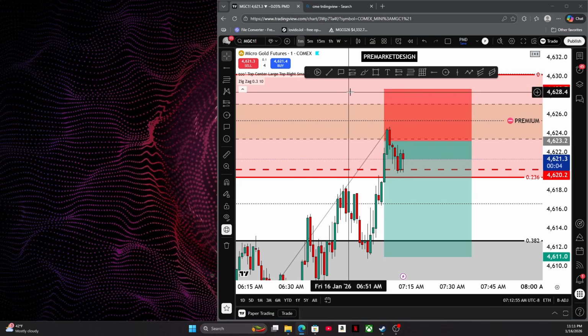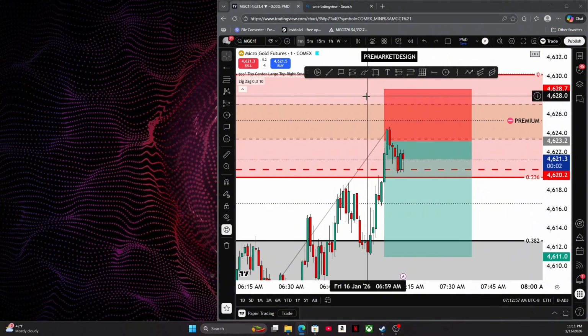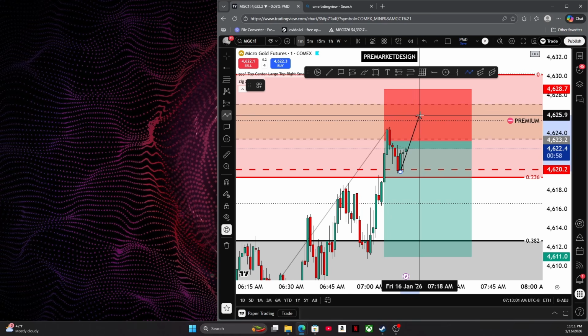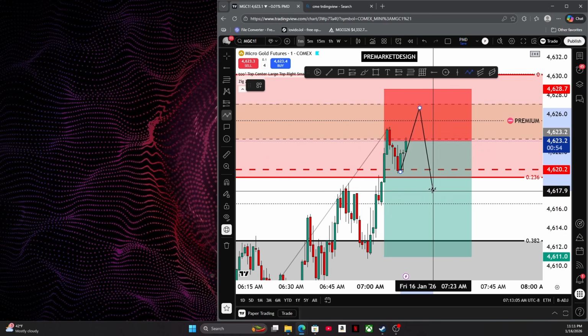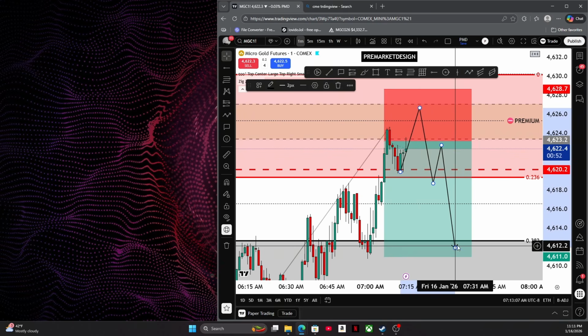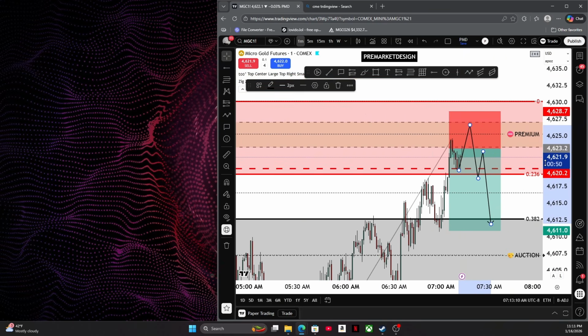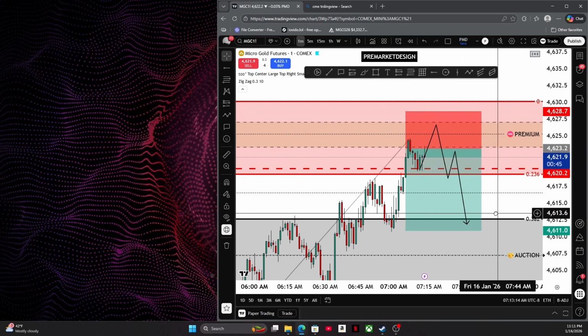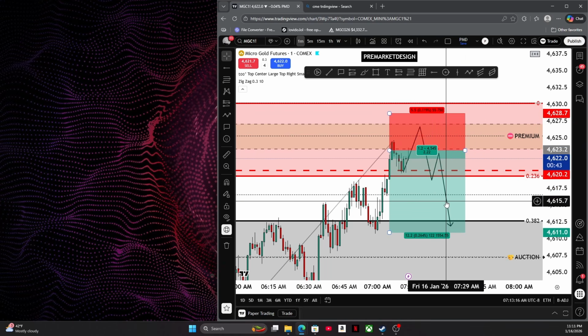But remember, at the same time, if I'm gonna be completely honest, I've gotta just wait, because price can still raid this and then go down. It didn't even tap 50% of the premium. And y'all already know I'm not afraid of drawdown.